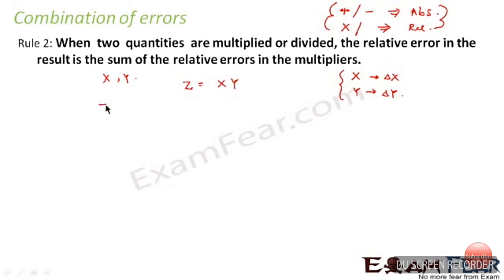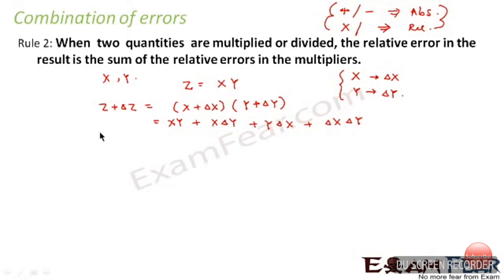So let us see here. z plus delta z will be equal to x plus delta x into y plus delta y. Now we can write it as xy plus x delta y plus y delta x plus delta x delta y.